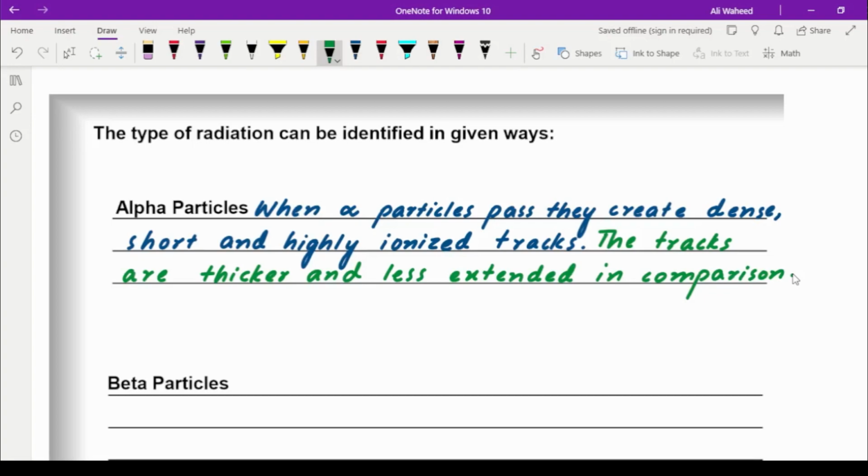Because they have less range and less penetrating ability, they create short tracks, and the tracks are thicker and less extended in comparison. So the tracks that are less extended, thicker, and more visible would correspond to the tracks of the alpha particles. So we can say, okay, we have the alpha particles over to that side.